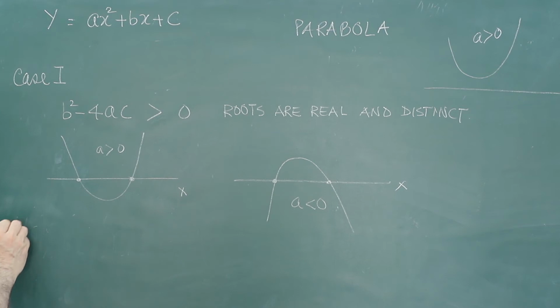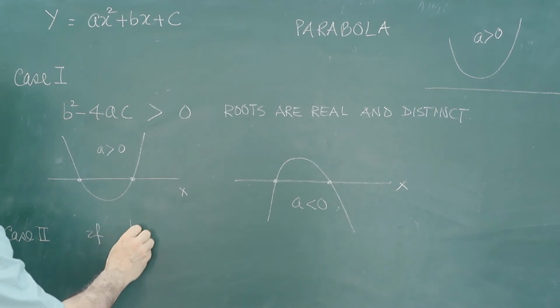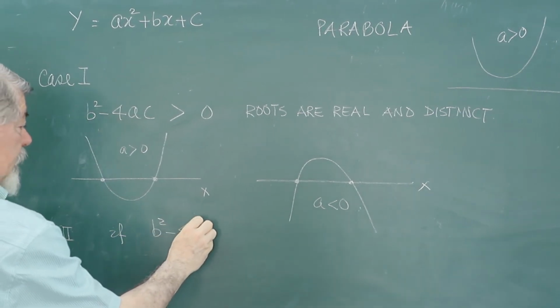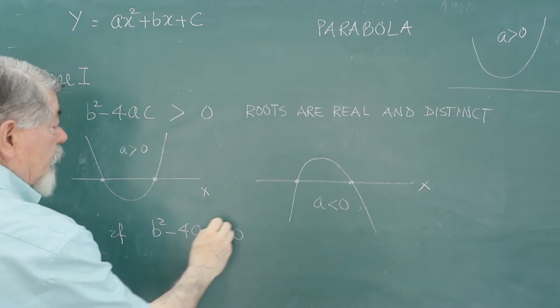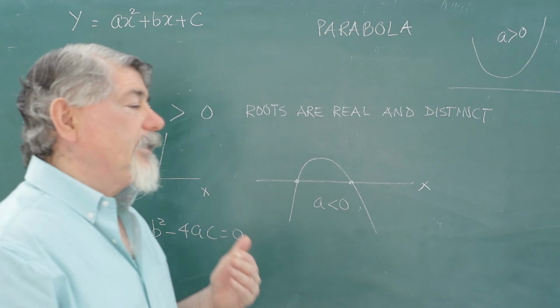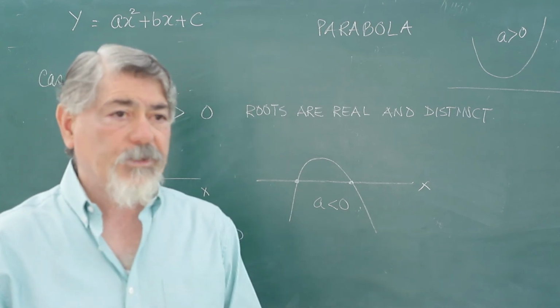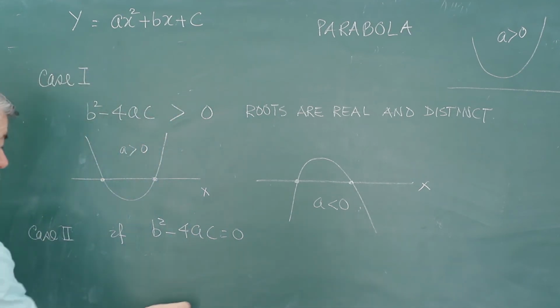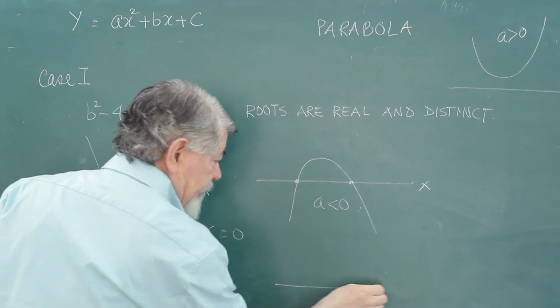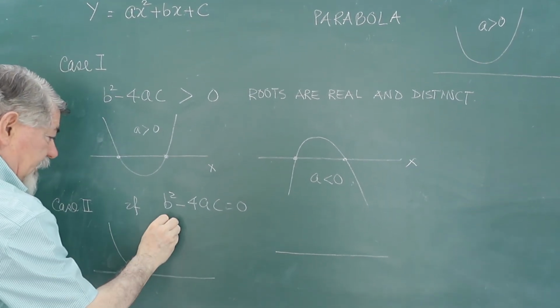In the second case, if b square minus 4ac is equal to 0, we told you that the roots will be real but same, not distinct. So how do we get that? If we show it through a graph, then the parabola will be like this.